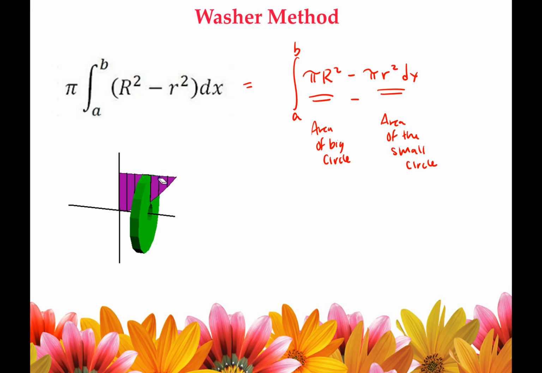And so here we go. Here's my big circle right here. It would be the whole thing. So that's the area of your first, and that would obviously be a radius of your top curve. Minus, that minus comes from subtracting out that inner circle right here. And that's how that works. So that's your formula for the washer method.